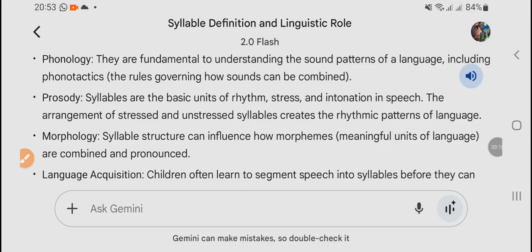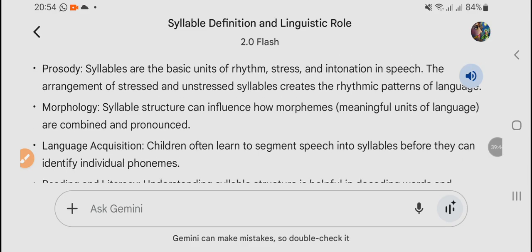This is called phonotactics, the rules governing how sounds can be combined. So this is phonology, and here syllables are very useful.